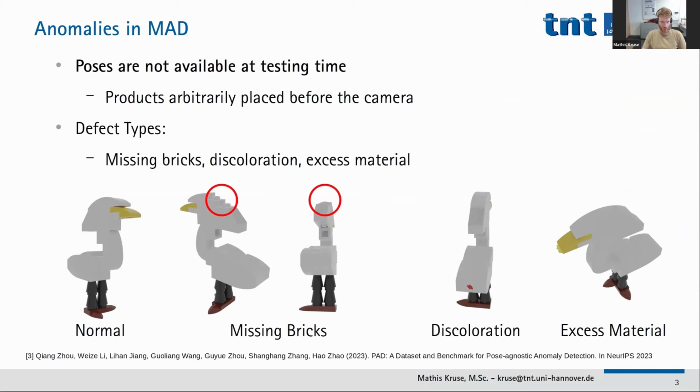Other anomalies are things like discoloration or excess material, but really anything that damages the object can be considered an anomaly. If it's visible within the current pose, then we also want to be able to detect it. If it's not visible, then we cannot possibly find it.